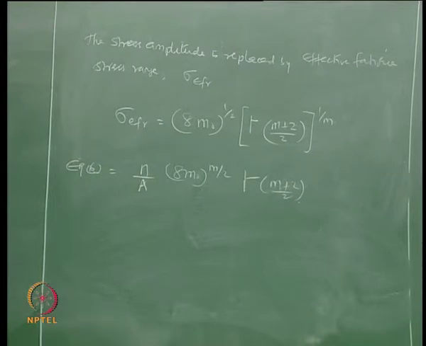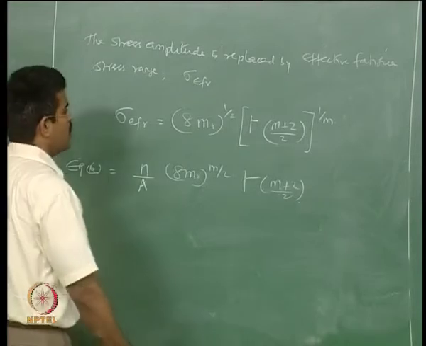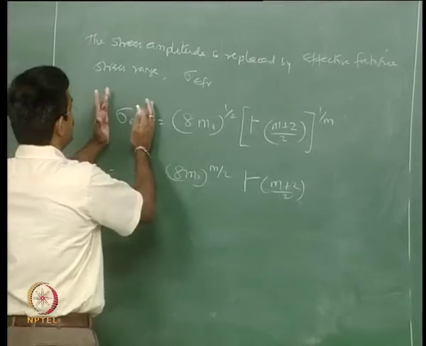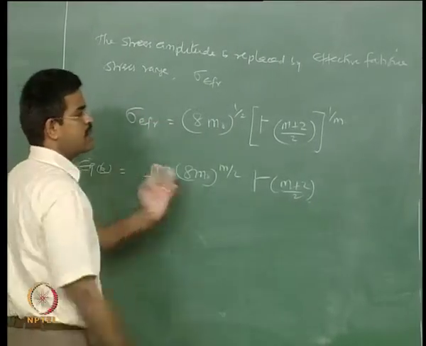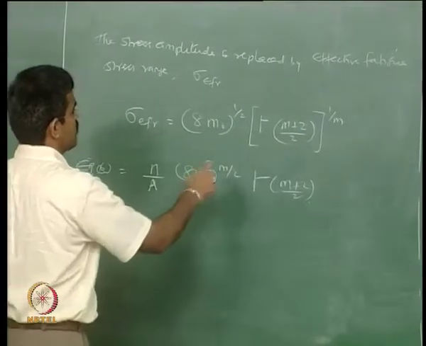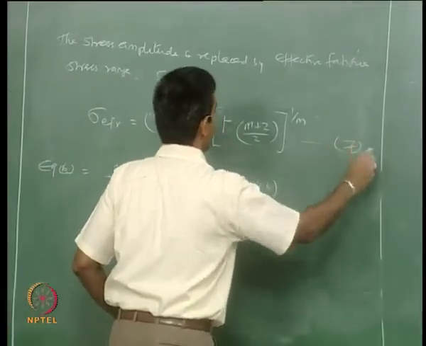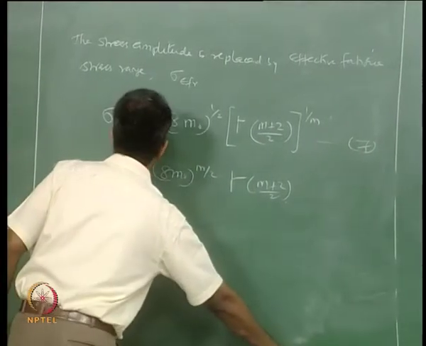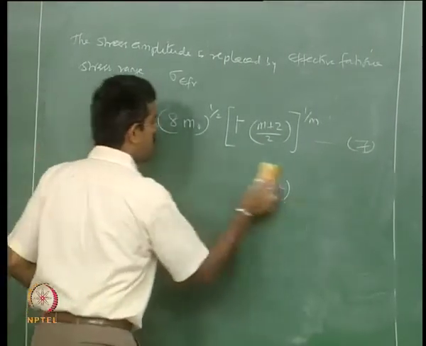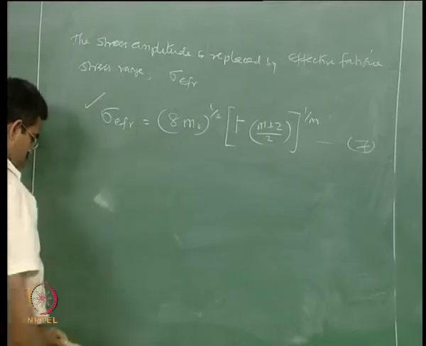Okay. I am comparing this, I am trying to find out what is the equivalency of the effective fatigue stress range compared to the standard damage. I get this equation, equation number 7. So, this is what we call the effective fatigue stress range.